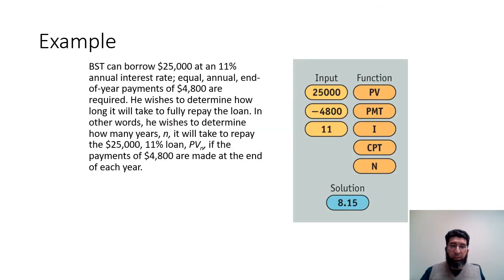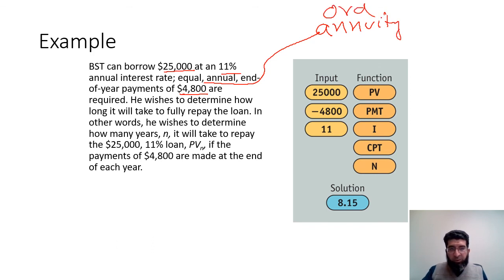Another example: BST can borrow $25,000 at an 11% annual interest rate, and equal annual end-of-year payments of 4,800 are required. He wishes to determine how long it will take to fully repay the loan. Equal annual end-of-year payments means this is an ordinary annuity.